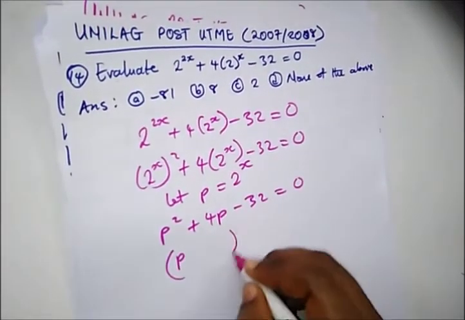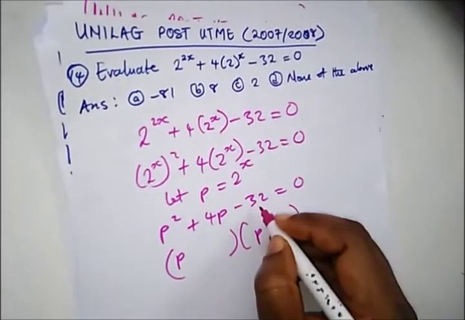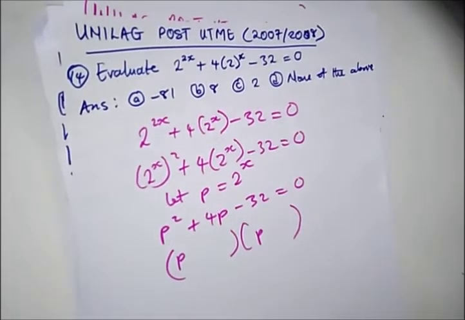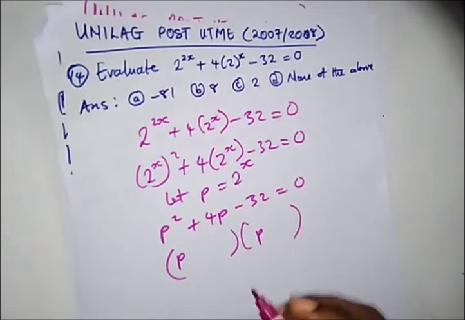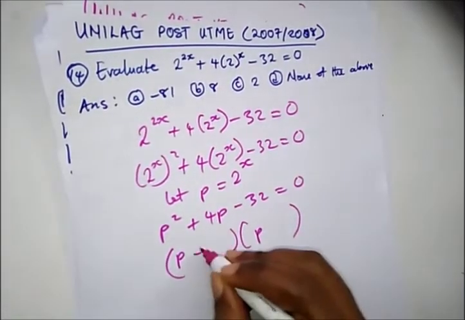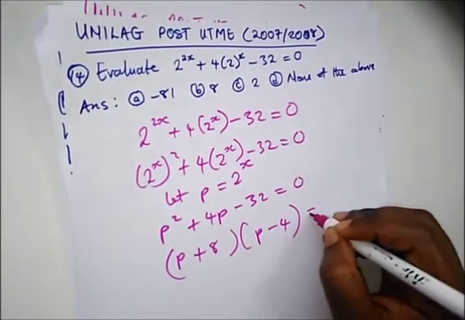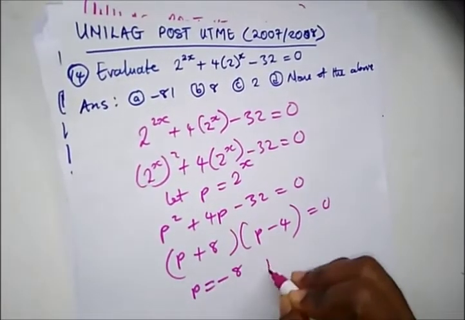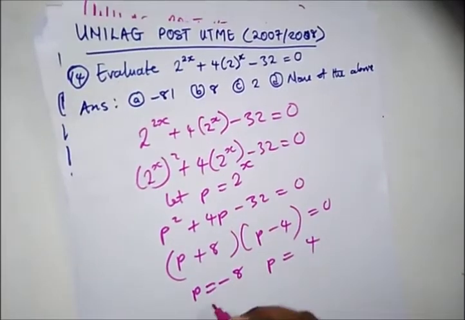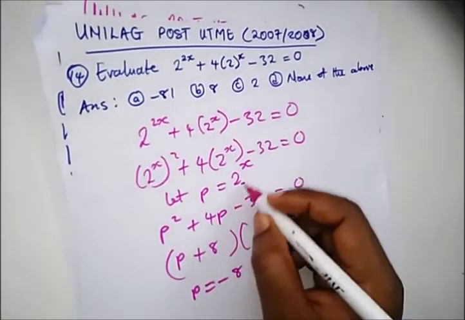So factorizing this, what do we have? What are the factors of 32 that will add or subtract to give us 4? And that is 8, and 8 times 4 is 32. So to get a plus 4, we have plus 8 minus 4 equal to 0. So p equal to minus 8, and p equal to 4, where p is 2 raised to power x.